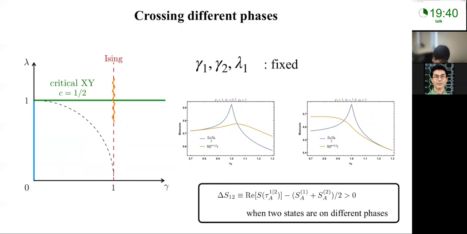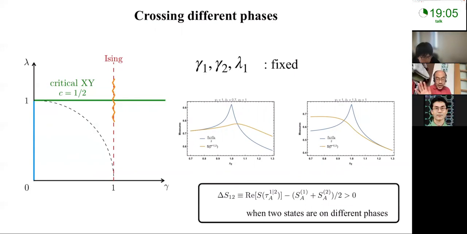If we still have two states in the same phase, pseudo entropy is less than or equal to the average entanglement entropy. However, once our two states live in two different phases, then interestingly, pseudo entropy can be larger than the average entanglement entropy. So in this way, the positive sign of this delta S12 suggests the given two states associated with the pseudo entropy are living in different quantum phases.